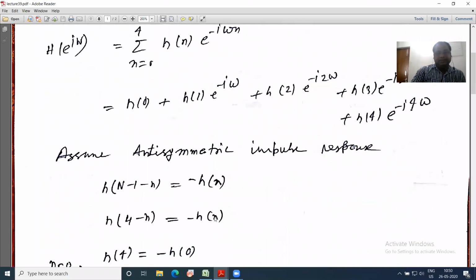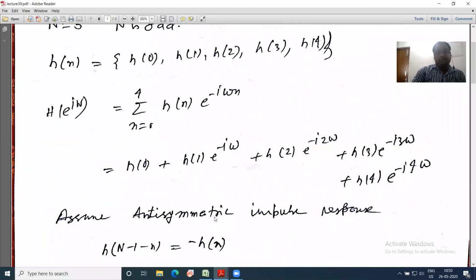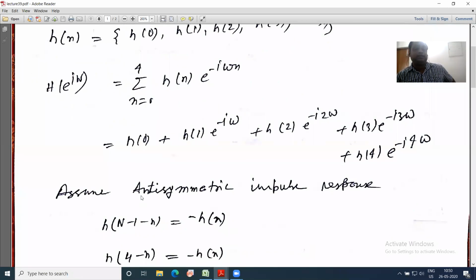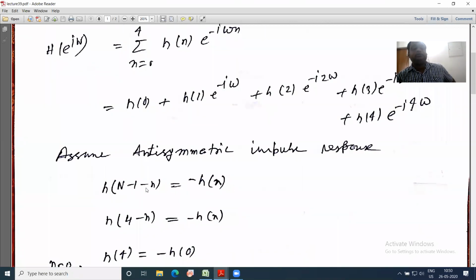Next, we will see the antisymmetric impulse response, and we have to identify the center of antisymmetry. Again, we take n equal to 5, where n is odd. For the antisymmetric impulse response, h of n minus 1 minus n is equal to minus of hn. Previously, h of n minus 1 minus n was equal to hn.